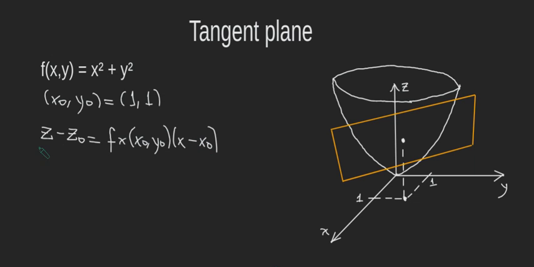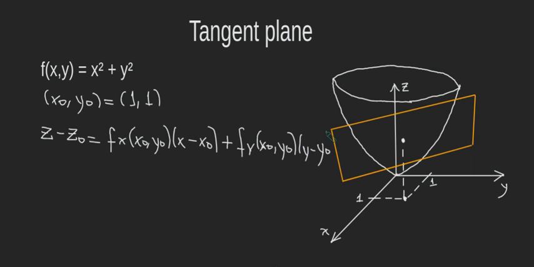It's very similar to the equation of a tangent line passing through a point. So plus, we also need the derivative of f with respect to y at the point of tangency x0, y0, times y minus y0.